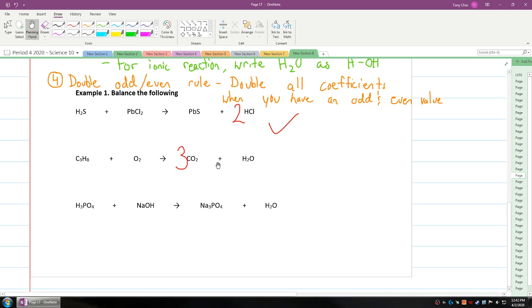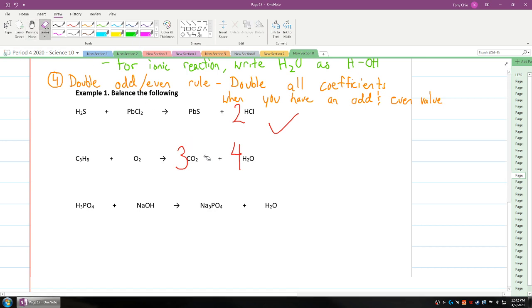Because oxygen appears twice, you want to balance the hydrogen next because there's only 1 hydrogen on either side. So as you see, you have 8 hydrogens here, but only 2 hydrogens in the product side. So you want to put a 4 in front of the water to balance out the hydrogen. Your last step now is to balance the oxygen. You have 3 times 2 oxygens in CO2.